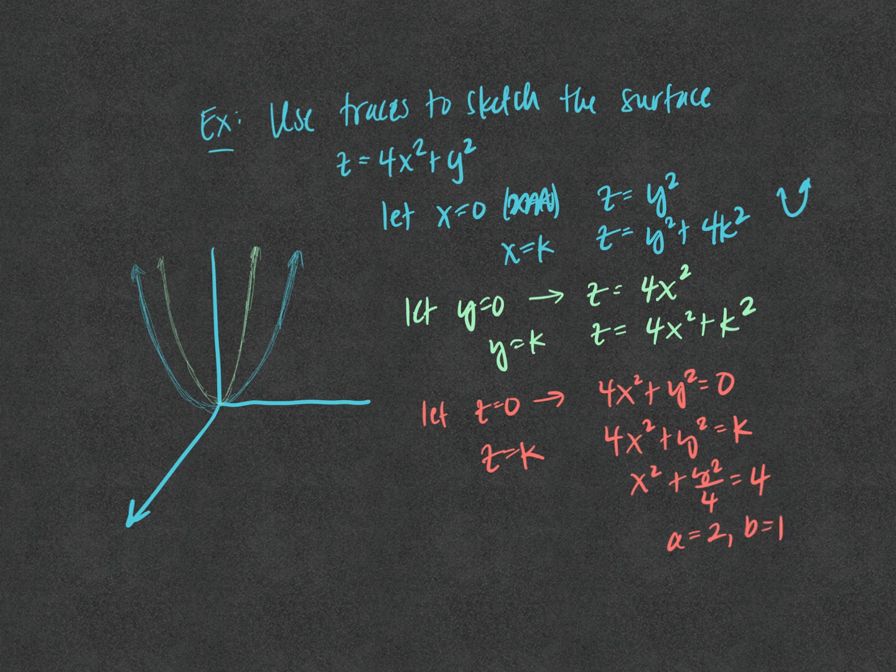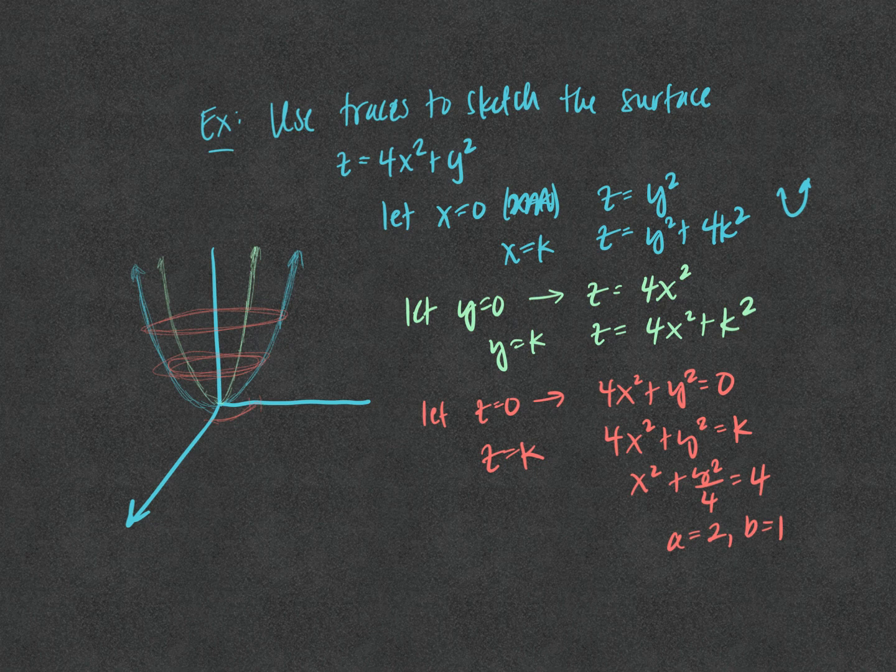So that means we're going to draw an ellipse in this craziness, and it has a major axis of 2 and a minor axis of 1, and it hits around in here. So what this does is this is an elliptical shaped parabola. So you can see the ellipses happening as it goes up, kind of connecting the parabola.